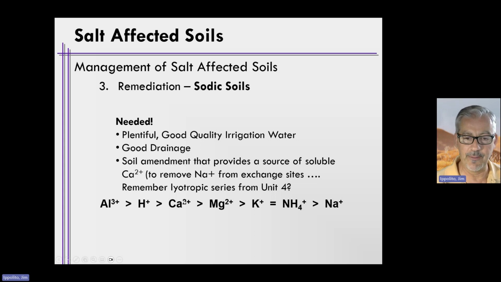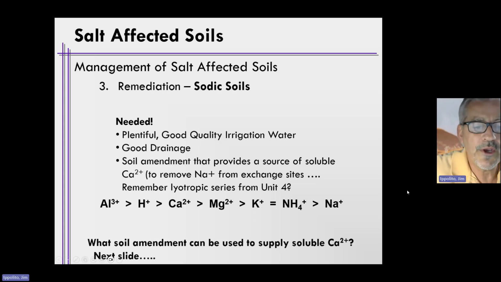We add calcium, or we use calcium that's already in the soil to do this, to kick sodium off exchange sites. We need to have excess calcium to exchange with sodium on exchange sites, and then we need to leach that sodium out of the root zone. And then the calcium that's present, because it's a +2 charge and the hydrated radius is smaller, pulls particles together, causes aggregation.